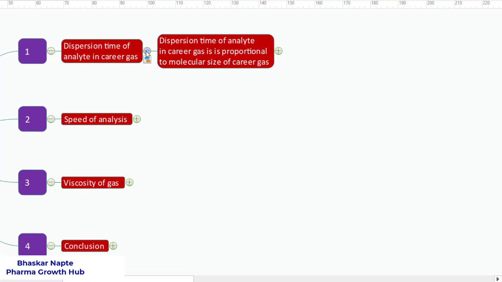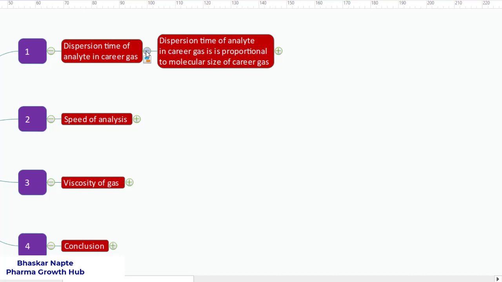So the dispersion of analyte or solute depends on the molecular size of the carrier gas. The point says that the dispersion time of analyte will be more if the molecular size is more, or the dispersion time will be less if the molecular size of the carrier gas is less.